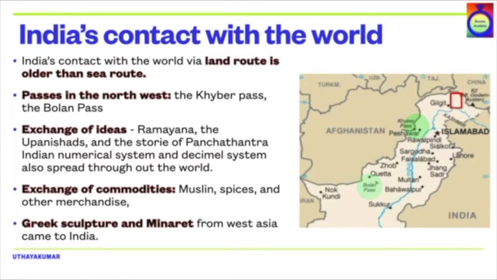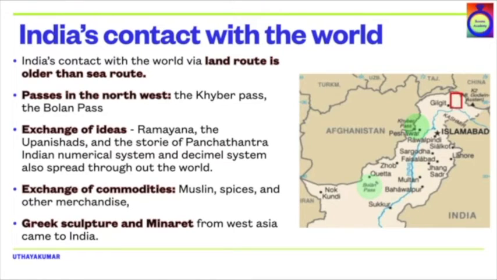So we have exchanged ideas with the outside world through this land route only from ancient times. Ramayana, our great epic, and Upanishads and the stories of Panchatantra are some of the ideas we exchanged with the outside world.